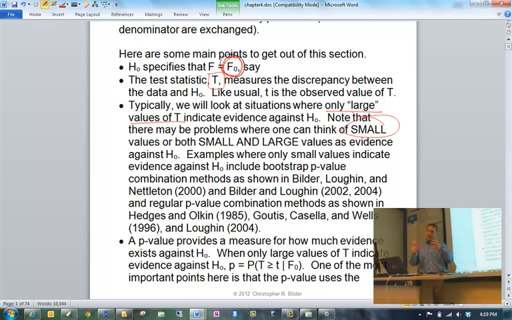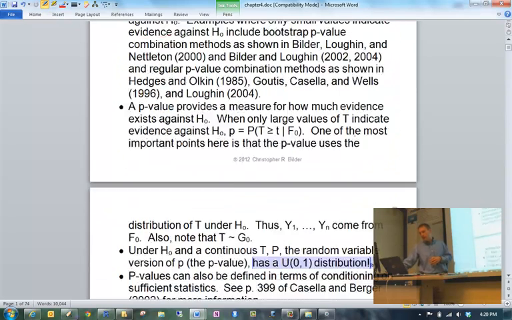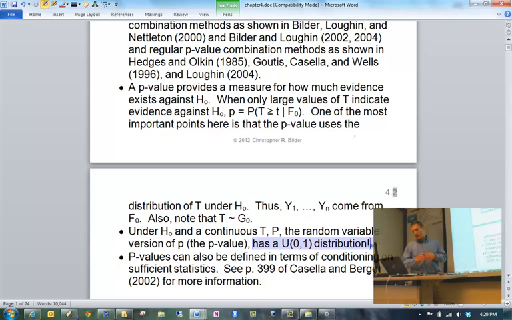Through these combination methods, maybe simply the product of the p-values, for example, small values now indicate evidence against H0. Because, of course, a p-value itself, the smaller it is, the more evidence against H0. So a p-value provides then a measure of how much evidence exists against H0.